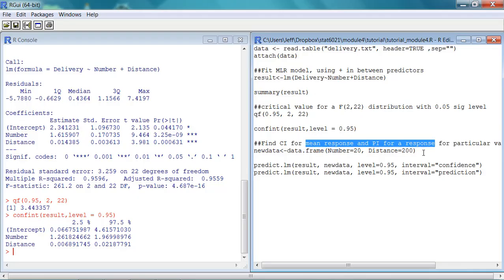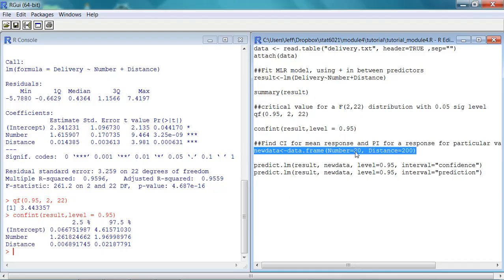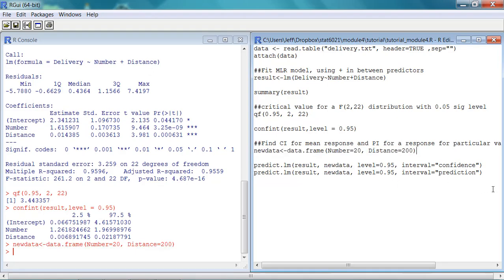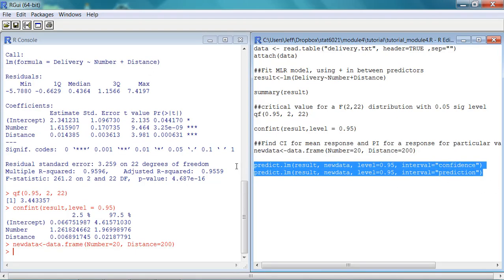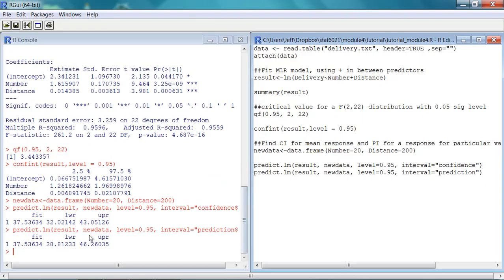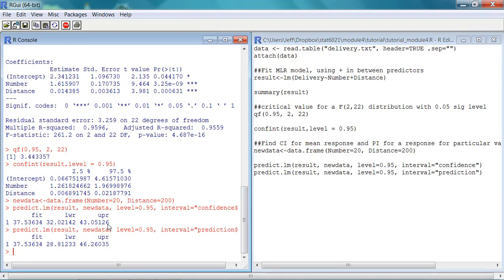That's something we did in simple linear regression, and in this case it's a similar thing. Now we just have two predictors whose values we need to specify. This is specified using data.frame, and we can easily find the intervals we need, with the lower and upper bounds given to us for both the confidence interval for the mean response as well as the prediction interval for a single response.